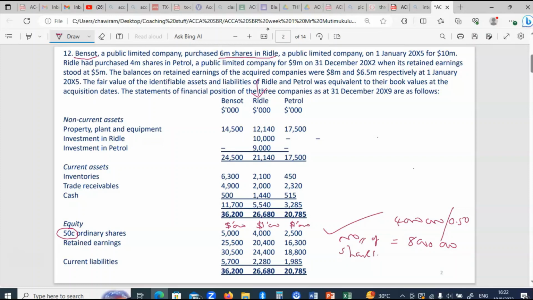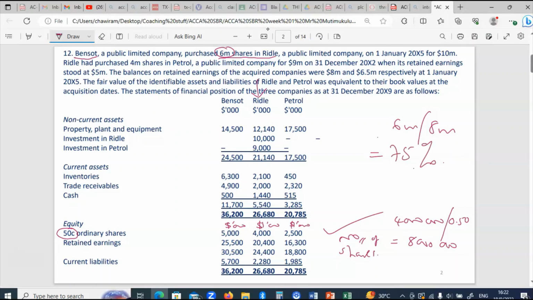Now, we bought 6 million according to the statement there. If 6 million were bought, it means 6 million over 8 million. So what was the percentage? The percentage of acquisition was 75%.